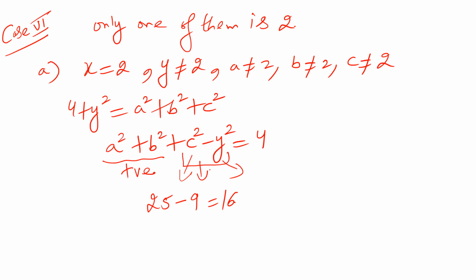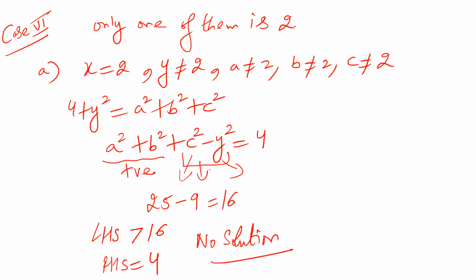The square of 7 is 49. 49 minus 25 is 24. So similarly, you can take any two prime numbers. So that clearly indicates that LHS is greater than or equal to 16, or I can clearly say it is greater than 16, whereas RHS is just 4. So there is no possibility that they can ever be equal. Fine. So no solution, even in this case.